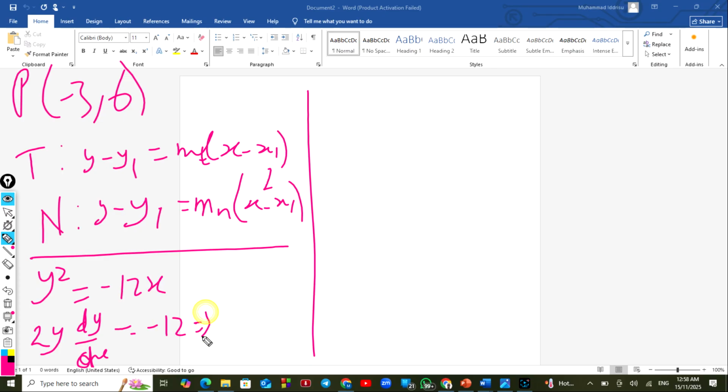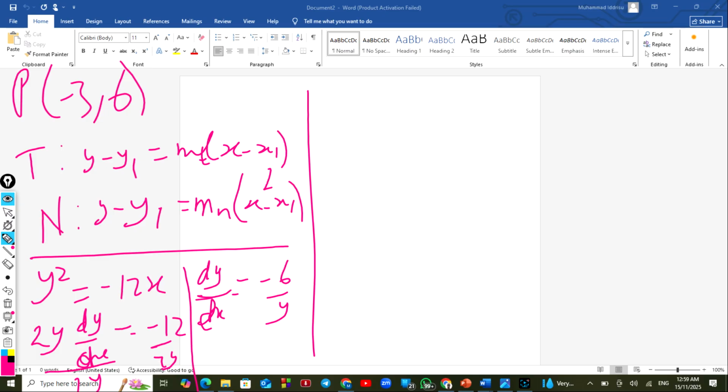So this means that dy/dx is equal to minus 6 over y. If we divide both sides by 2y, we have negative 6 over y. So this is our dy/dx.